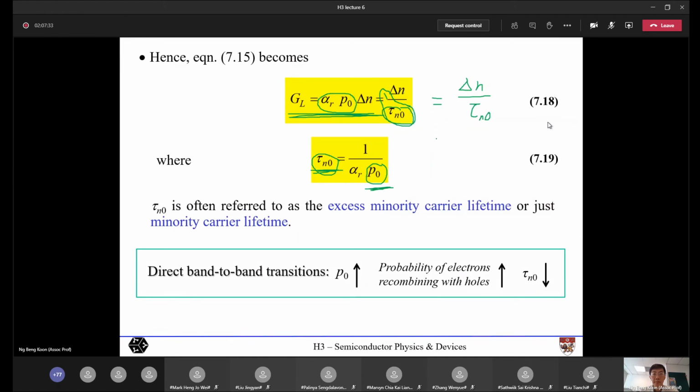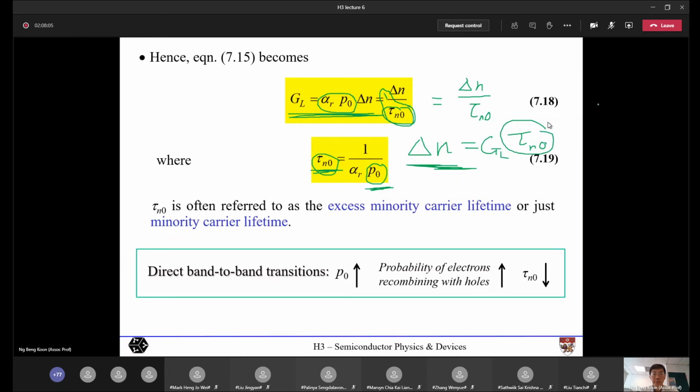GL is equal to delta N over tau N naught, which means that if you rearrange, remember our starting objective was to find out the delta N, the constant delta N value when you are in the steady state condition. The delta N is simply equal to GL, the optical generation rate, multiplied by the minority carrier lifetime, tau N naught. This tau N naught is essentially a material property as well.